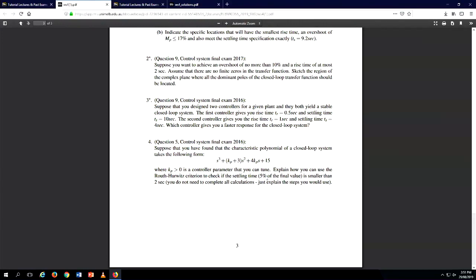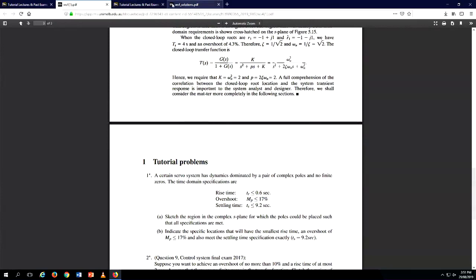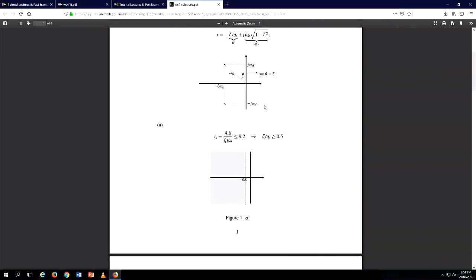So we are given settling time. So what does the region look like? It's to the left of a vertical line. And we calculate where this sigma, where this line intersects the real axis in the complex plane, from the settling time condition. Right? So the formula is exactly the same as the formula that we used here, right?